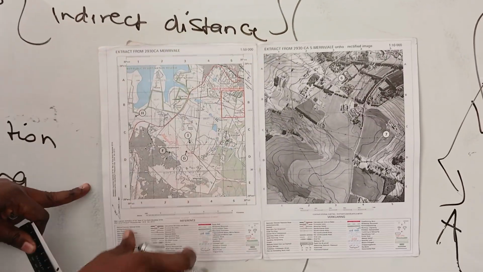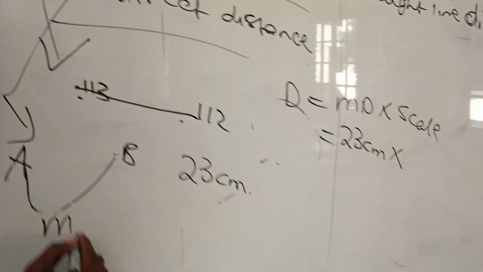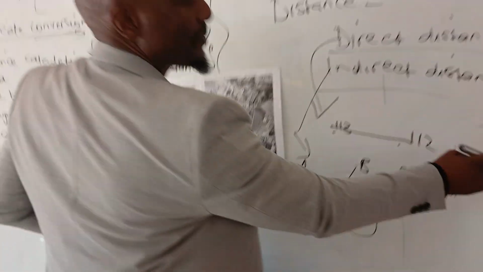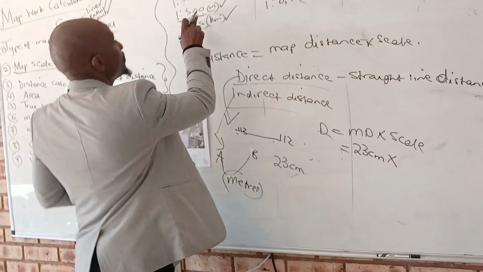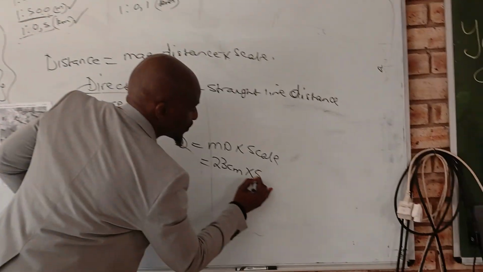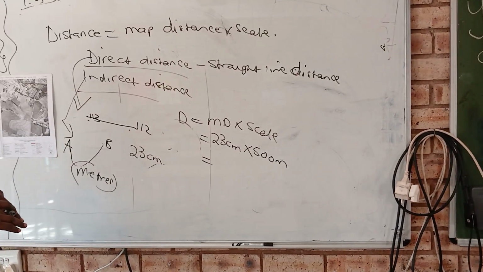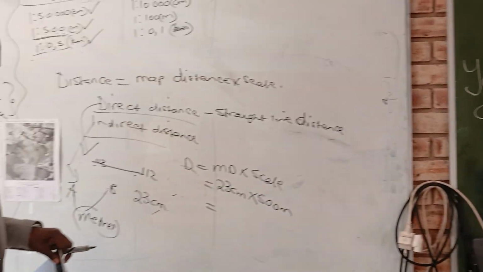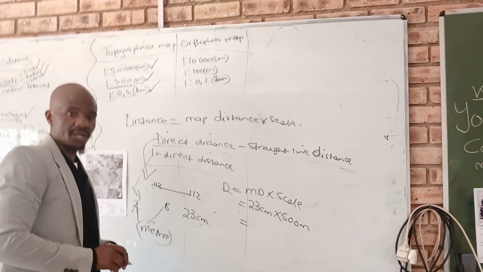If I'm using a topographical map, assuming that my answer is supposed to be in meters, which means I'm going to multiply my map distance by the scale I have already converted into meters, 500, because my answer is supposed to be in meters. So 23 by 500, let's calculate using my calculator.